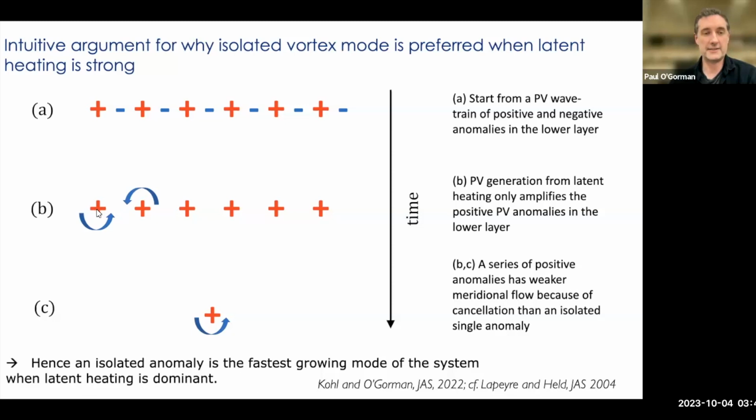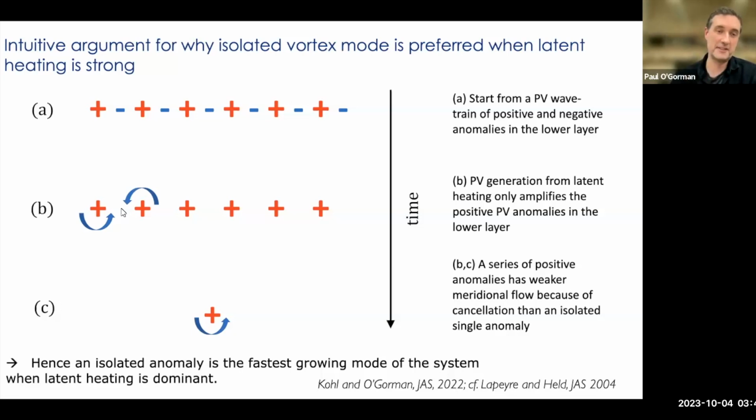So if we idealize this as showing just all positive PV anomalies, that's what you might end up with, at least in an unstable mode. At the bottom, we have the alternate case where we just have one positive PV anomaly. And the question is, which will grow faster? Well, the series of positive PV anomalies has the unfortunate characteristic that between them, the induced flow from each of them tends to cancel out in terms of the meridional flow.